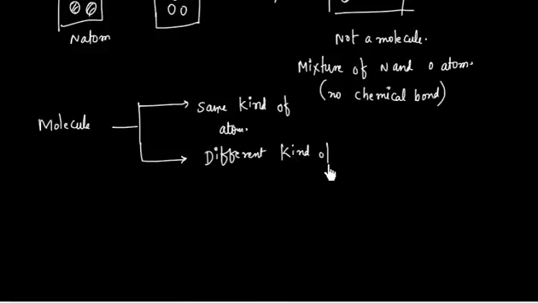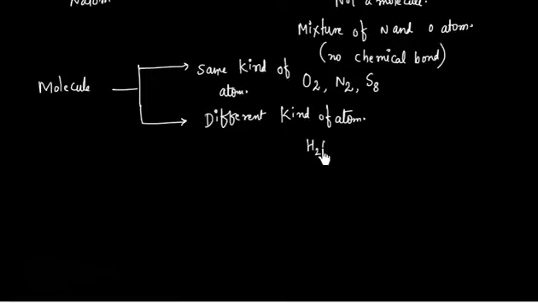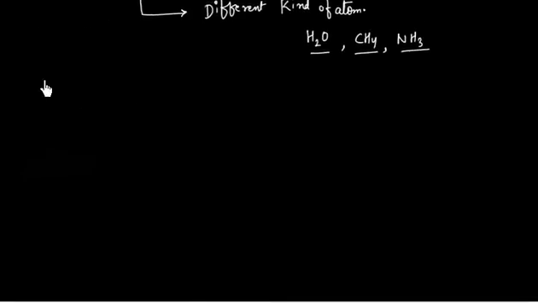Something like oxygen contains the same kind of atom. Nitrogen, same kind of atom. S8, same kind of atom. But if I have the molecule H2O, hydrogen and oxygen, two different kinds of atom. CH4, carbon and hydrogen, two different kinds of atom. NH3, two different kinds of atom. So these are molecules having two different kinds of atom.